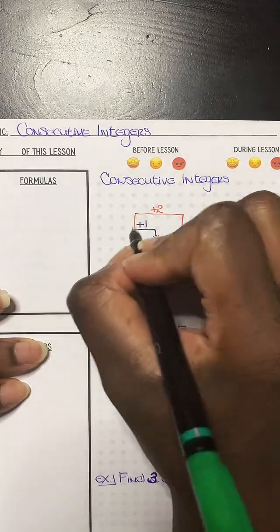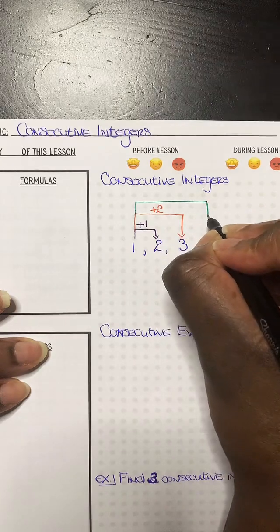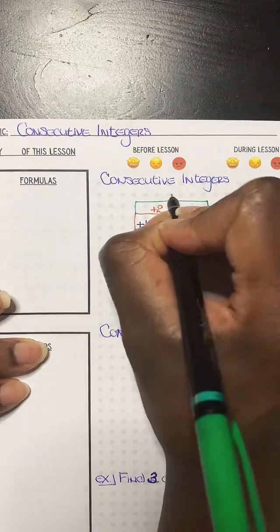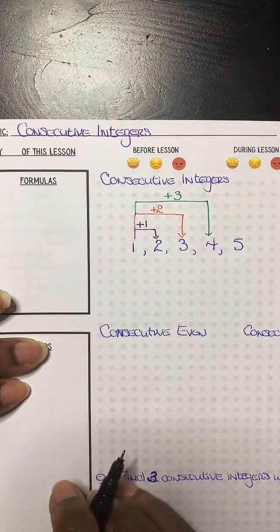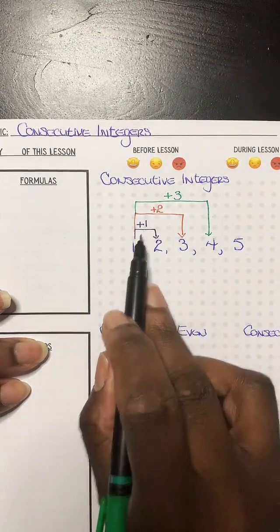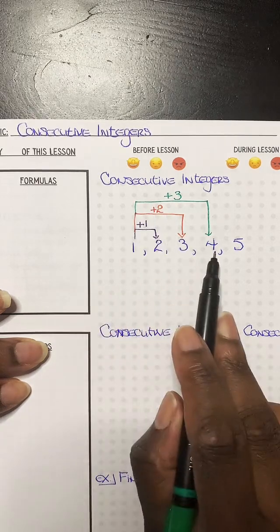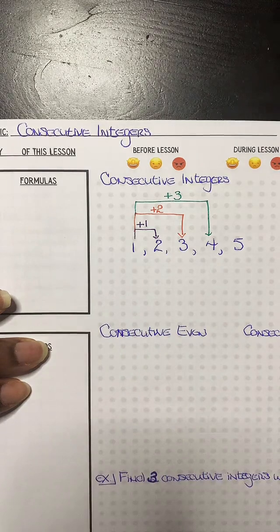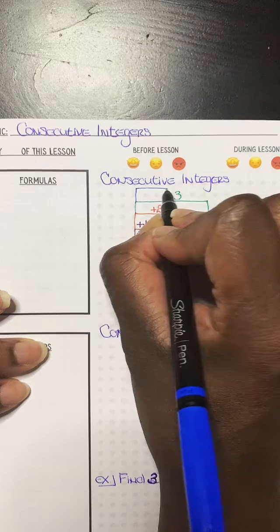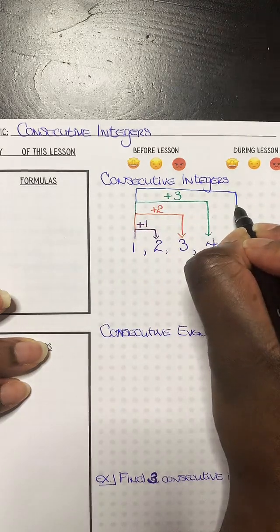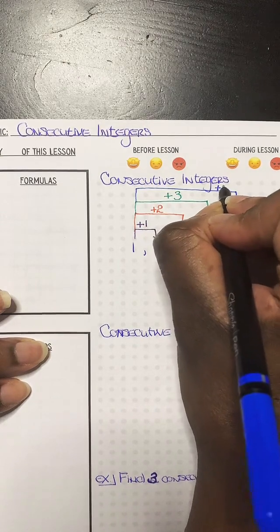And if I want to get from 1 to 4, I'm going to have to add 3. So 1 to 2, I'm going to add 1. From 1 to 3, it's adding 2. 1 to 4, it's adding 3. And lastly, if I want to go from 1 to 5, I'm going to add 4.